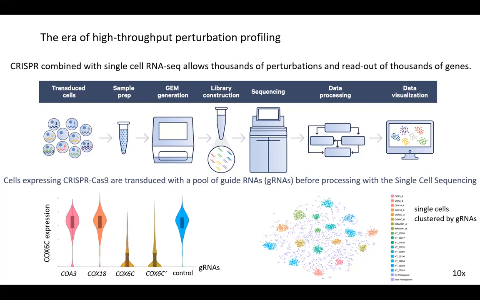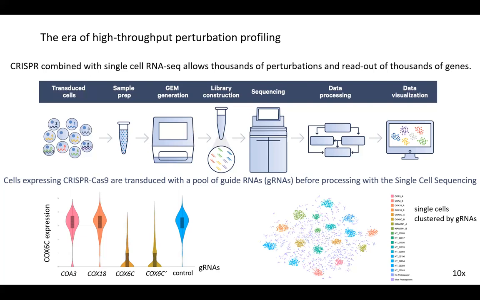And here this is their control experiment that was done as a proof to show that it works. They generated guide RNAs for different genes, COA3, COX18, COX6C.